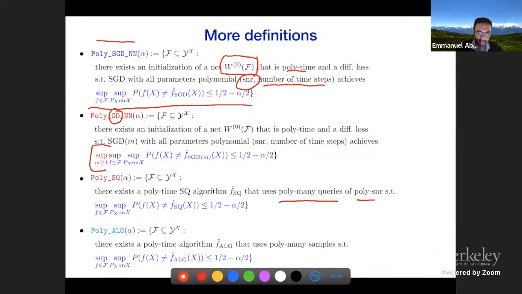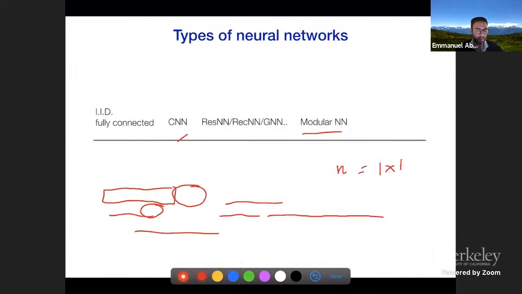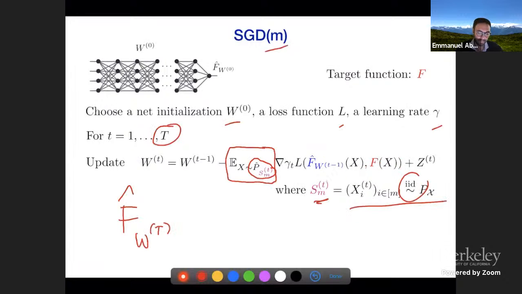And now let me tell you what this SNR is that shows up in all these three things. So when you look at the queries that you make in GD, if you call this the function g, what you do when you run SGD is you take an expectation of some function g_t that depends on x and the target function f. And what you have here is this empirical distribution P hat over the sample.